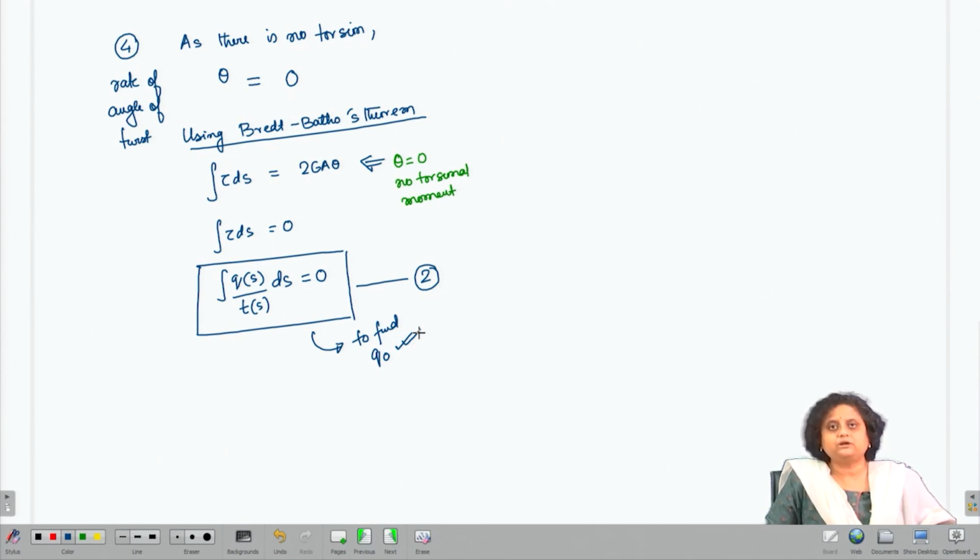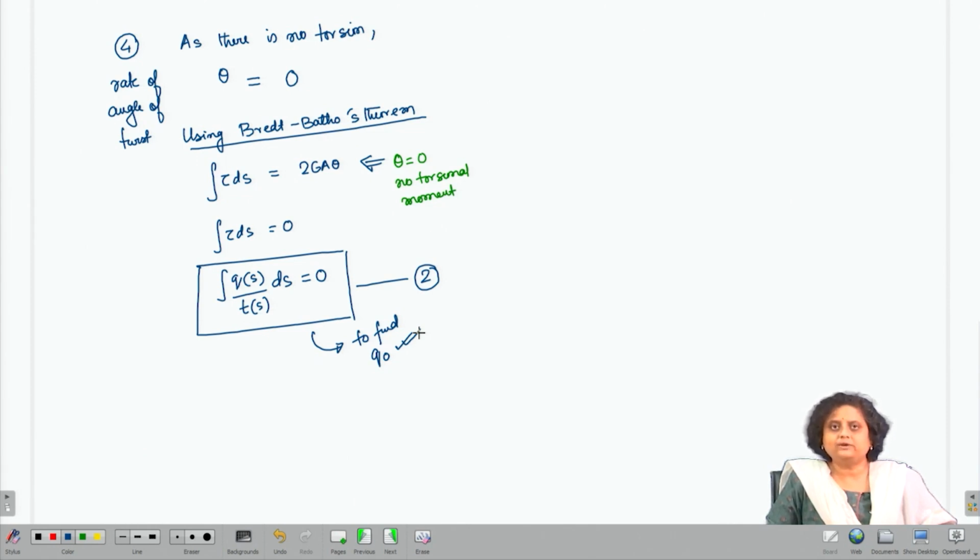Now, the next question is, what will happen if the shear forces are not passing through the shear center? We have assumed that they pass through the shear center. It will not pose much of an issue, because if the shear forces do not pass through the shear center, we can always make up an equivalent force system where the shear forces pass through the shear center and there is an additional torsional moment about the shear center.